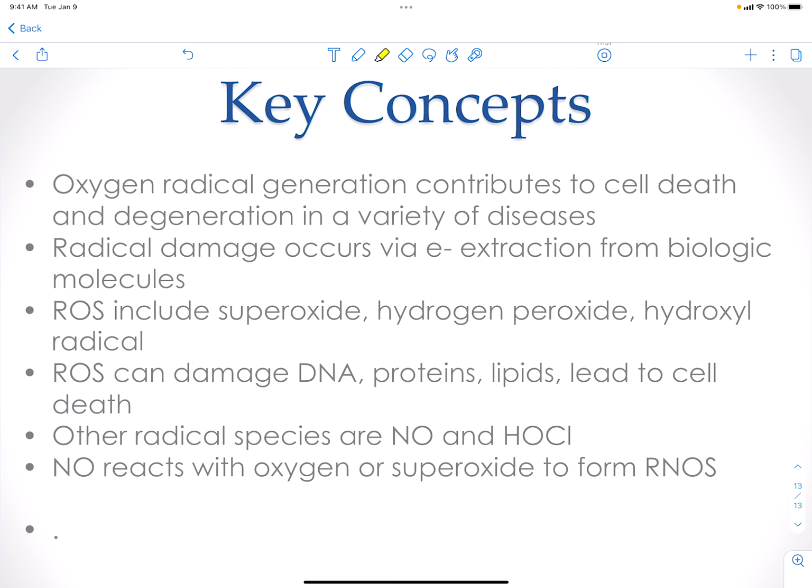The cell membrane is one of the major targets, but they can also target nucleic acids and proteins. We also have nitrogen species and chloride species that can cause damage to cells as well. And reactive nitrogen oxygen species will form, again, from the natural process of generating nitric oxide.